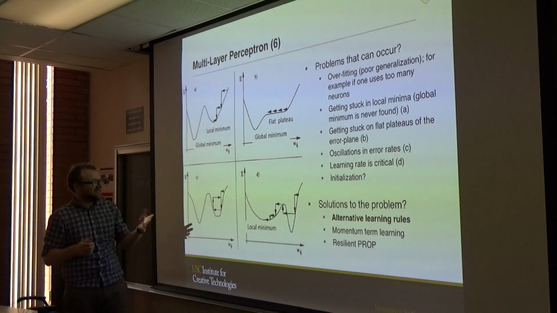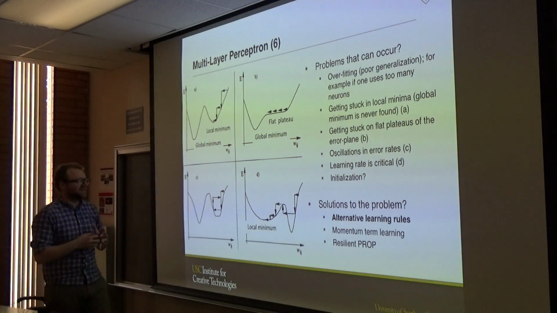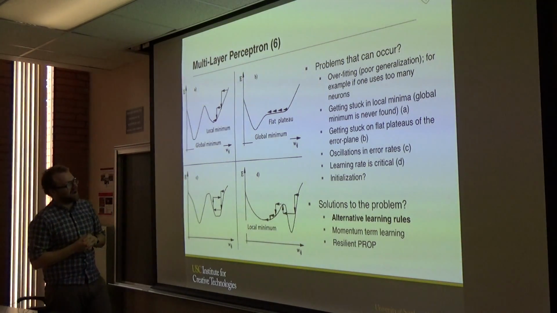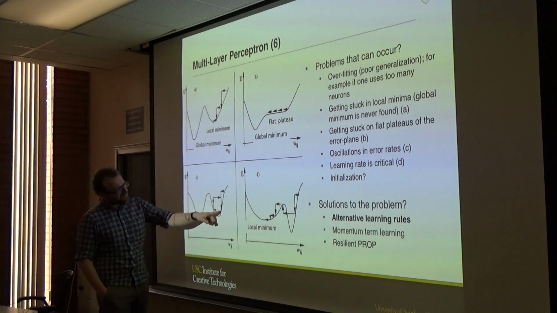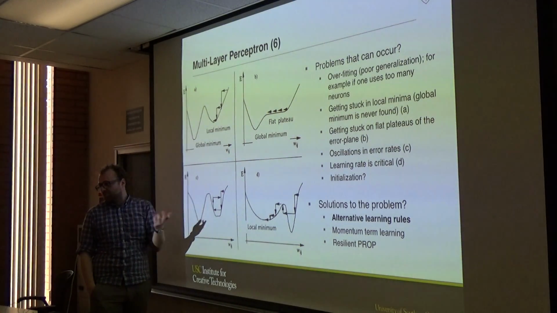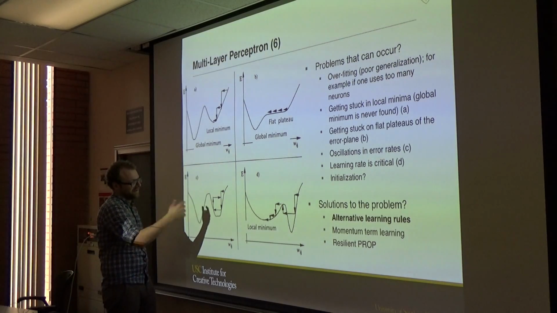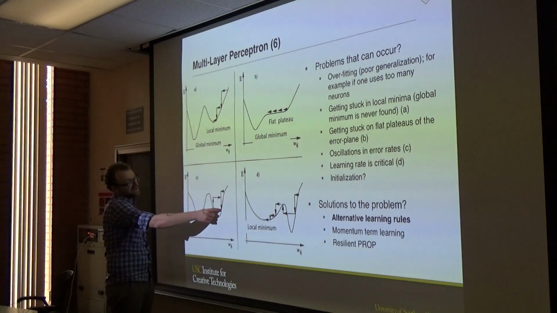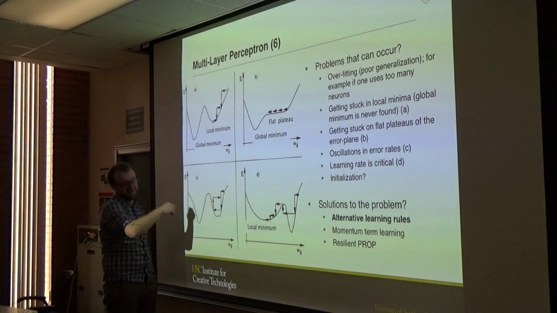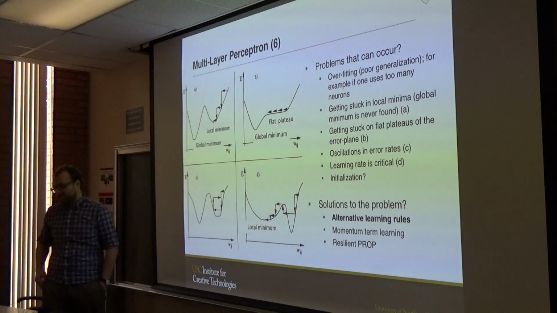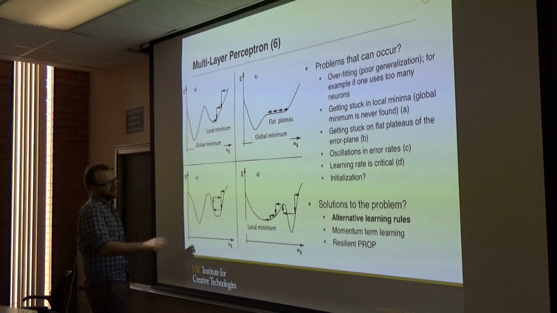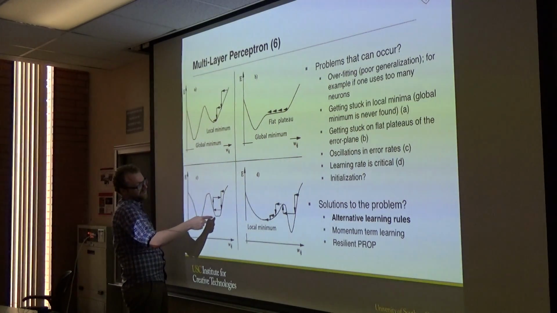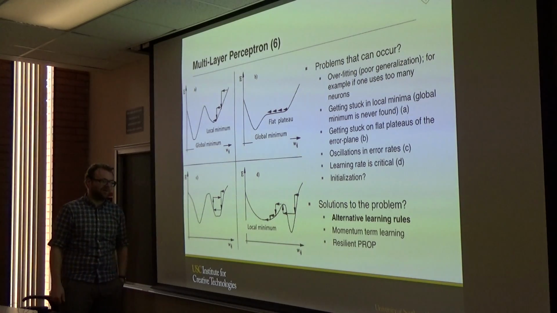Another issue is in this C case, where you have an oscillation happening where your learning rule might be too large, and you just oscillate between these values, jumping over an actual minimum all the time.